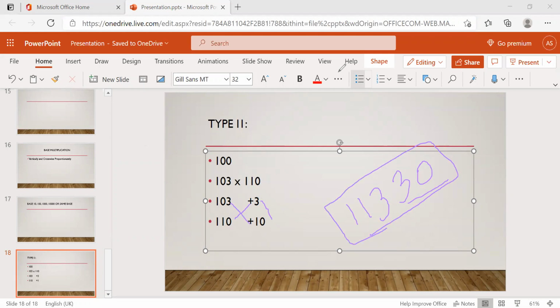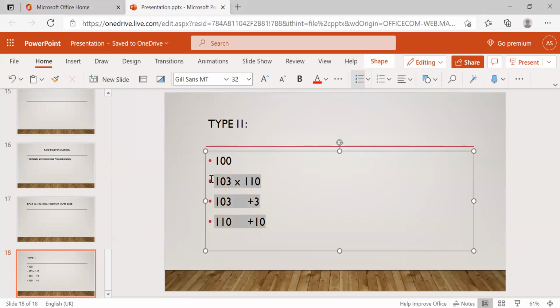Okay. If you want to check more problems, see here. 107 into 112. Okay. Now, give an answer for this. 107.